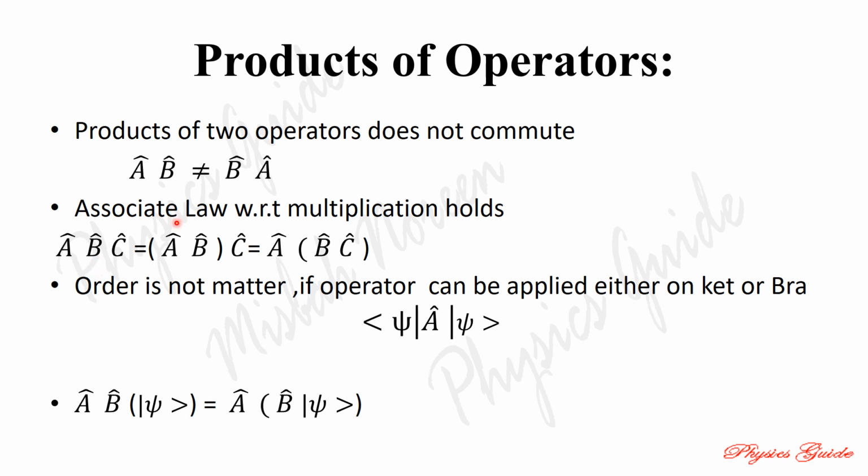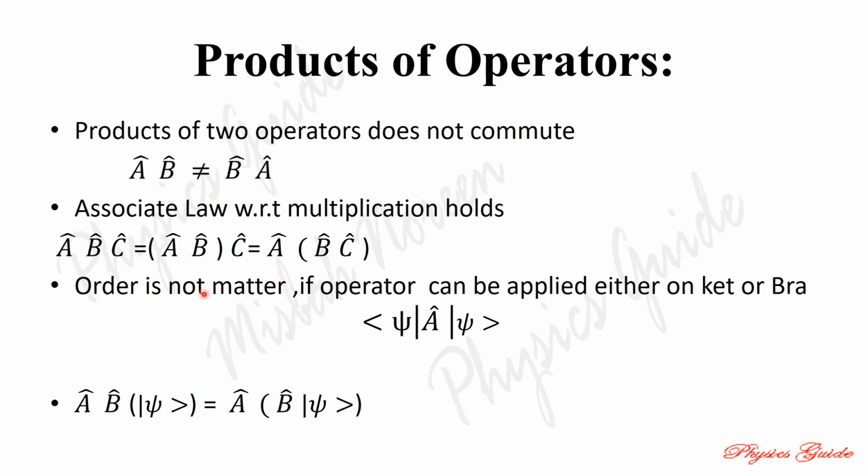In quantum mechanics, we operate with three operators A, B and C. If we multiply operator A with B, and then multiply the product with operator C, it is equal to operator A times the product of B and C, where we first multiply B and C.